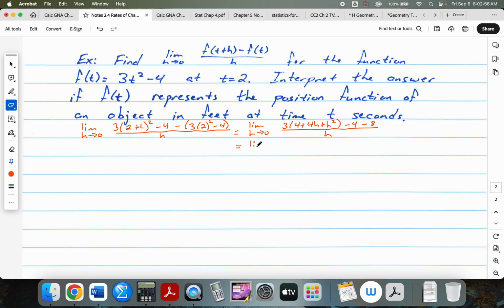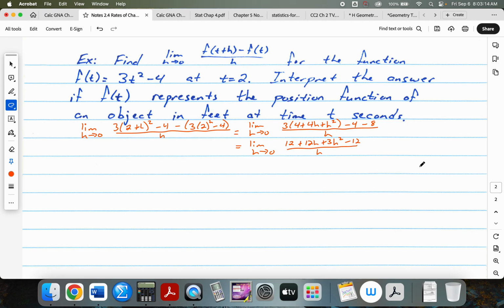So that'll be the limit as h goes to 0 of 12 plus 12h plus 3h squared minus 12 all over h.